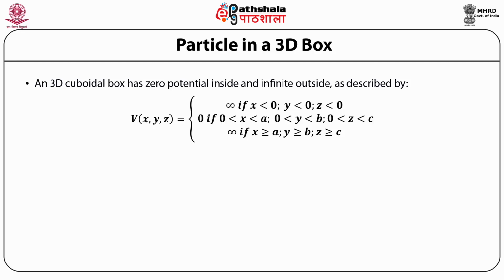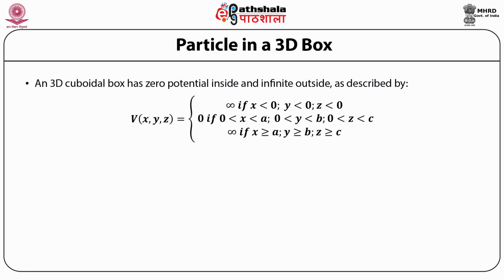So let us consider a solution of the above equation: psi(x,y,z) is equal to psi x, psi y, psi z, where psi x, psi y and psi z are functions of only x, y and z respectively.